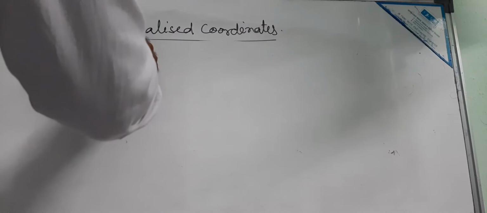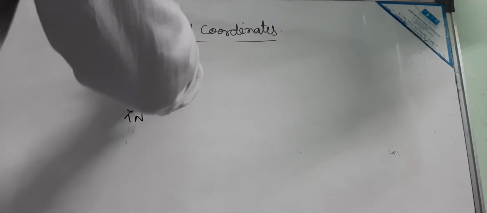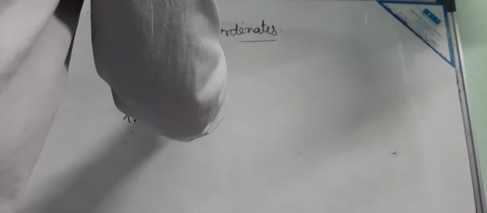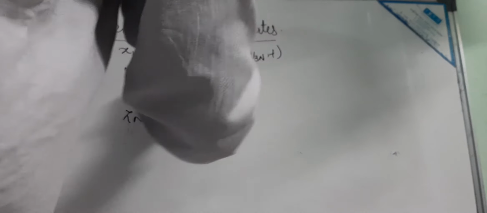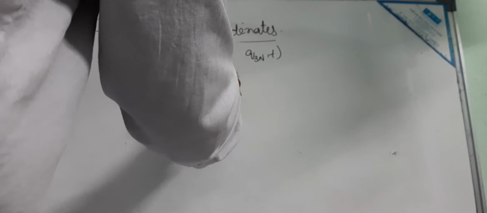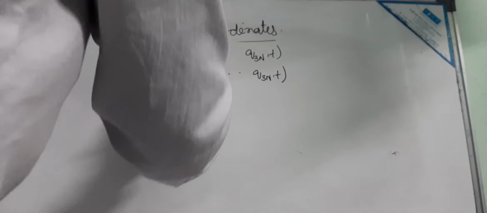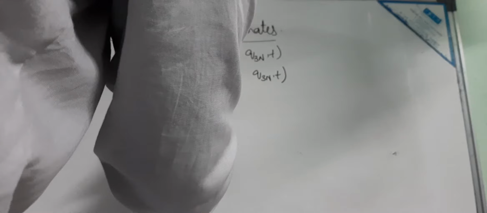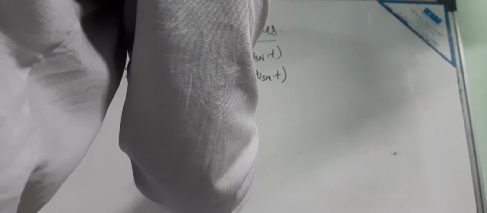Now the Cartesian coordinates x1, y1, up to zn: x1 is a function of q1, q2 up to q3n and t, y1 is a function of q1, q2 to q3n and t, and similarly zn is a function of q1, q2 to q3n and t.